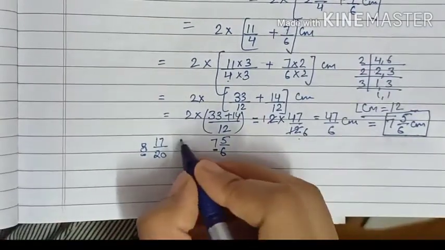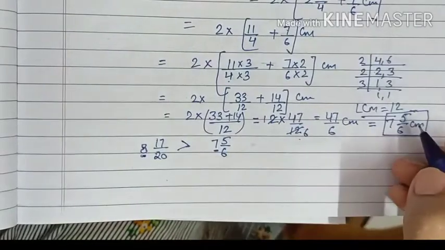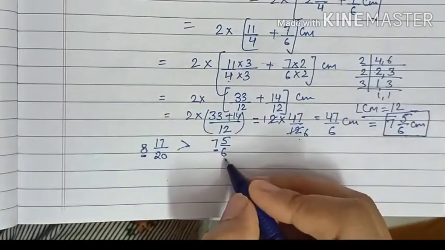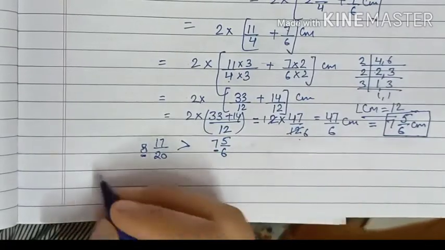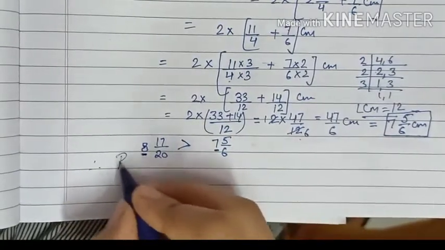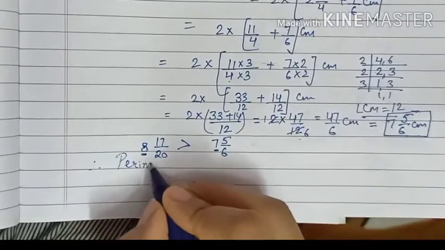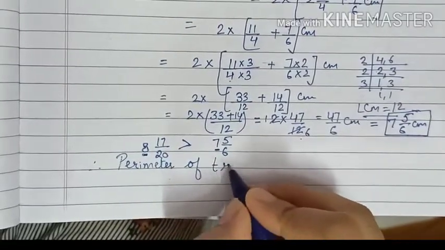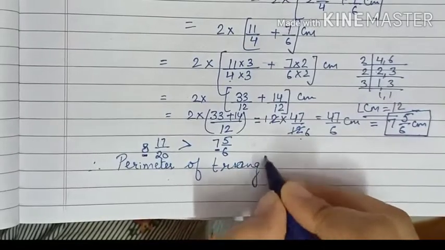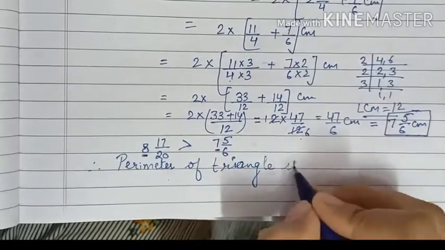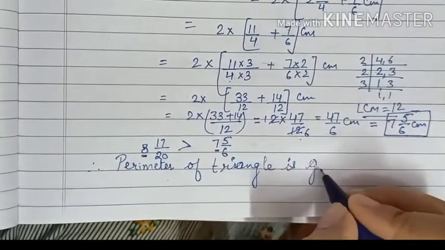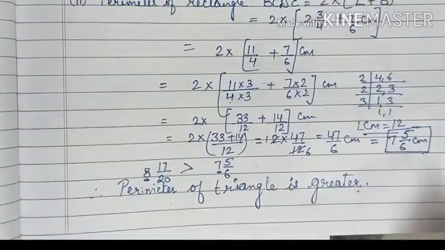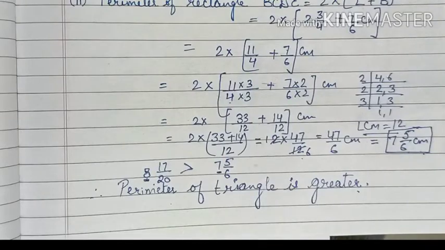So that means 8 and 17 upon 20 will be greater than 7 and 5 by 6. So we will say that the perimeter of the triangle is greater. So this was the solution of question number 5.